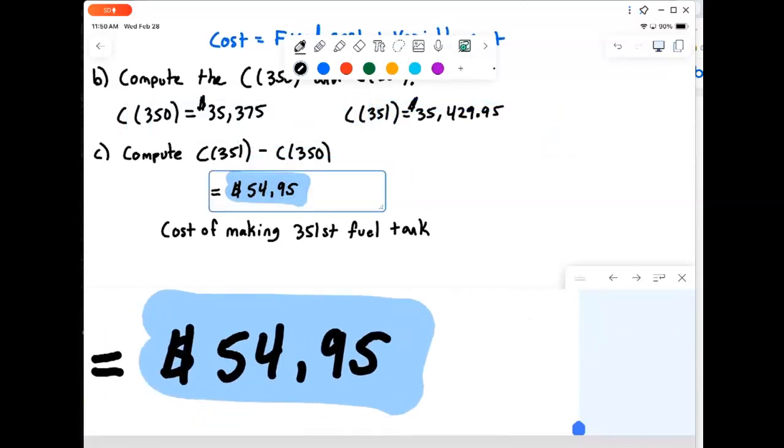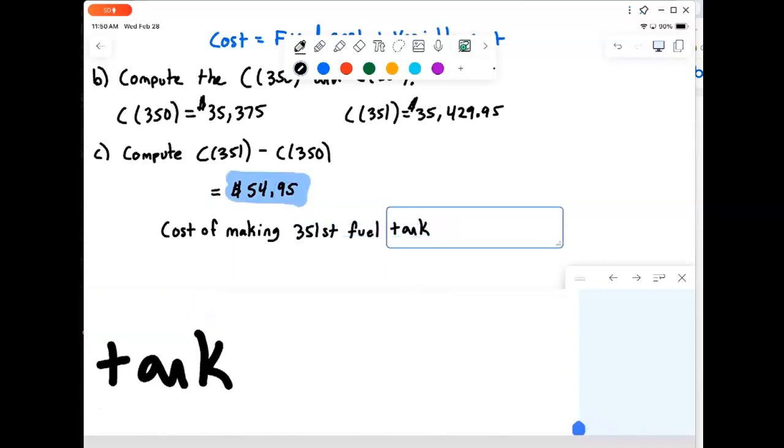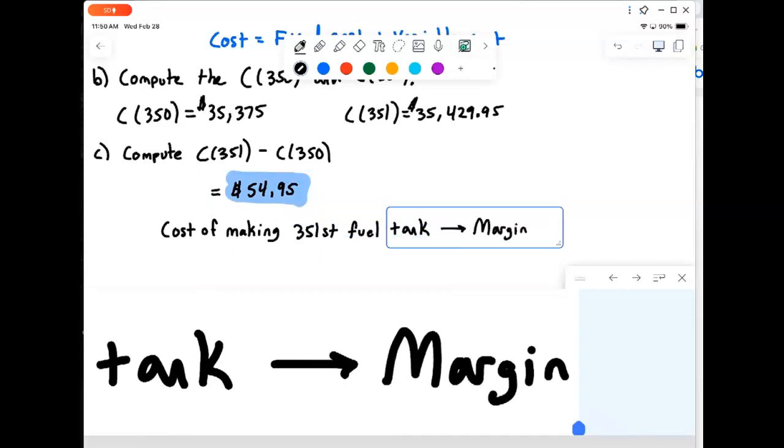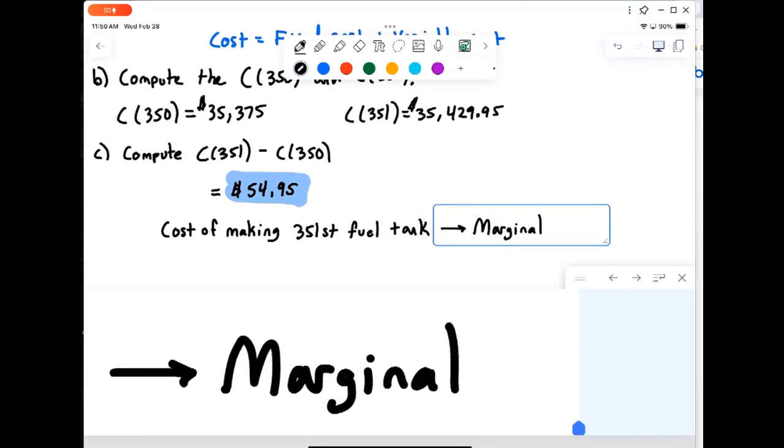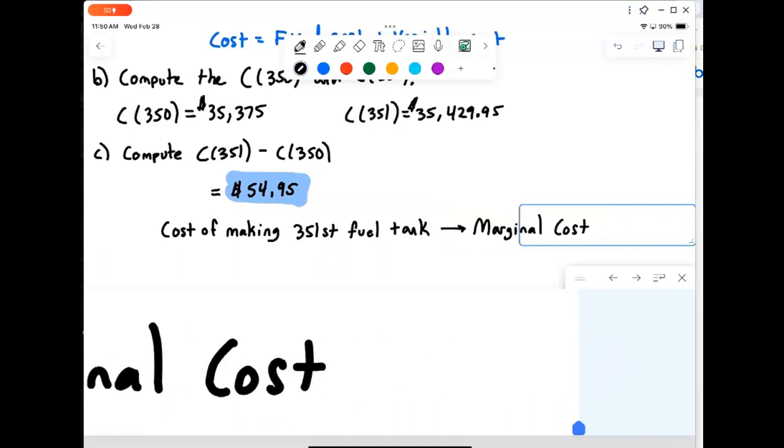So when we take their difference, what we have is exactly just the cost of making that 351st fuel tank. That's referred to as the marginal cost.